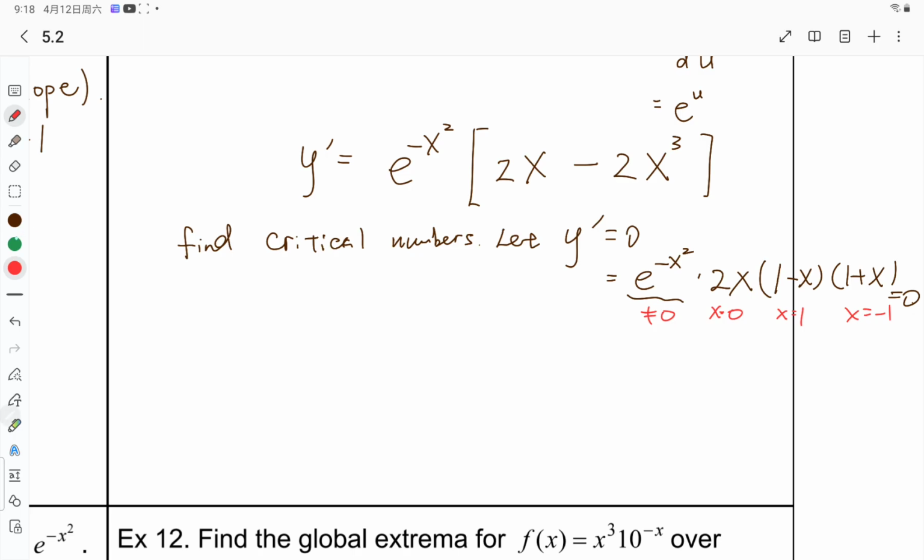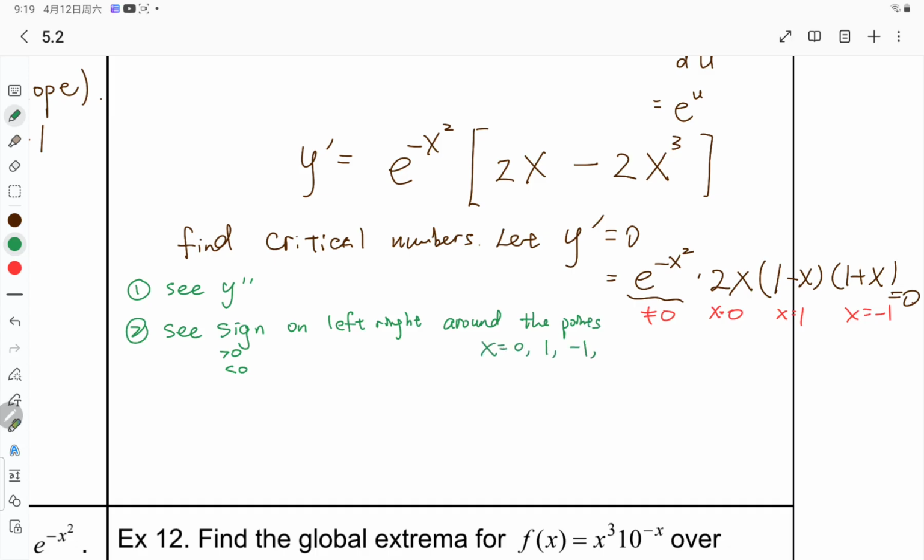So let me write it down: to see the second derivative y double prime, or to see the sign. Sign means positive or negative, on the left or right around these points, x equal to 0, 1, and minus 1, right?